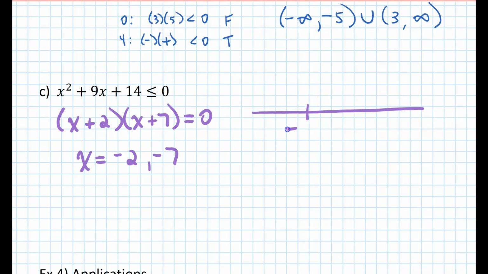Plug into the number line, -7, -2. What happens when we mark these places? Fill them in because we have a less than or equal to. And when we go to check, what happens? It's in the center. This is the true region in here. So therefore, our interval is inclusive bracket -7, comma -2, inclusive bracket.